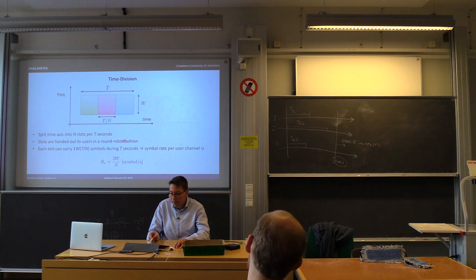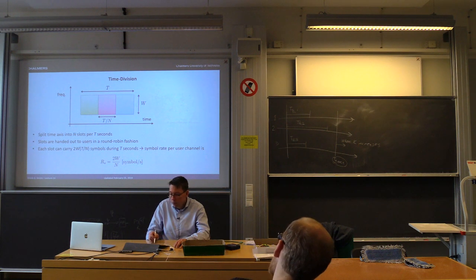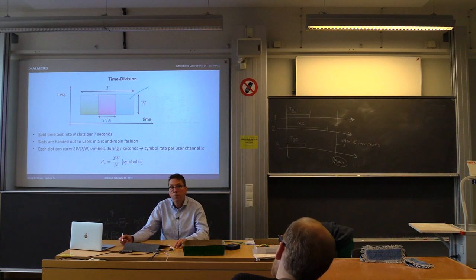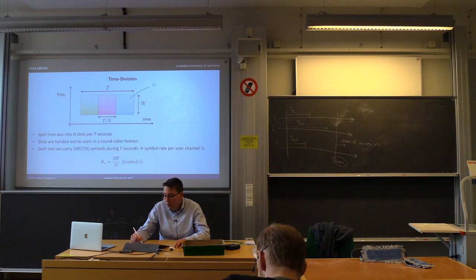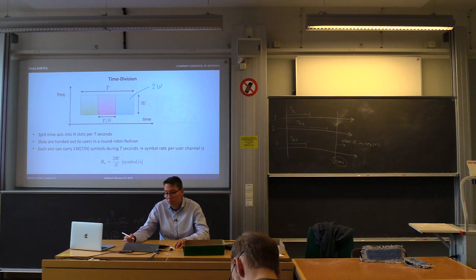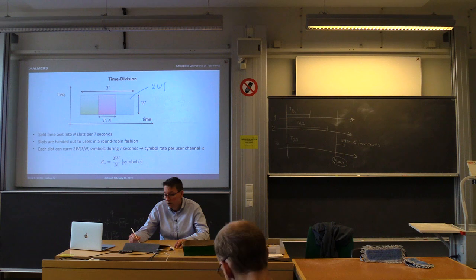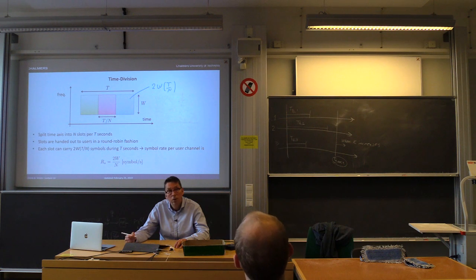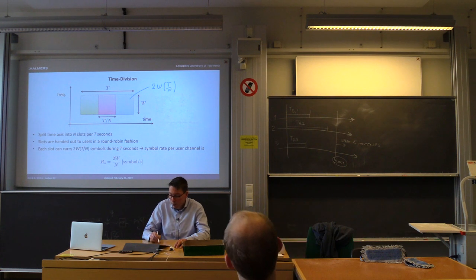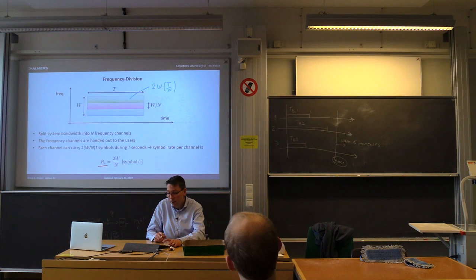Slots are handed out to the users. Now, how many symbols can we transmit in such a square? Well, it's 2 times the bandwidth, 2 times W, times the time duration of that, which is T over N. And then we see that the symbol rate is 2W over N, which is exactly what we had for frequency division.